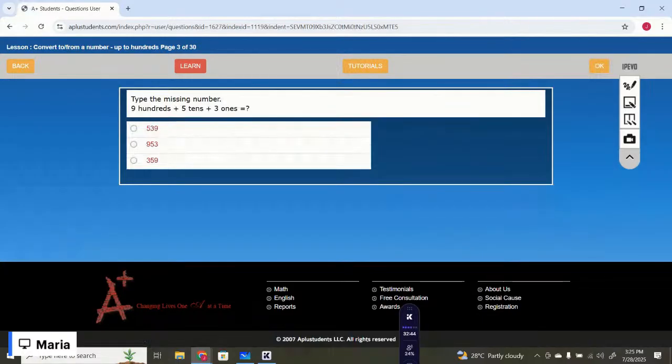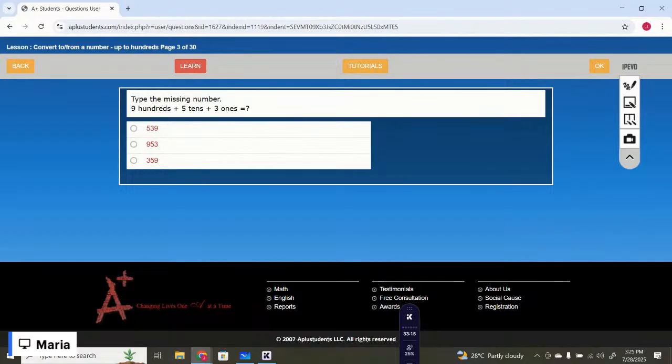Type the missing number: 9 hundreds, 5 tens, and 3 ones.